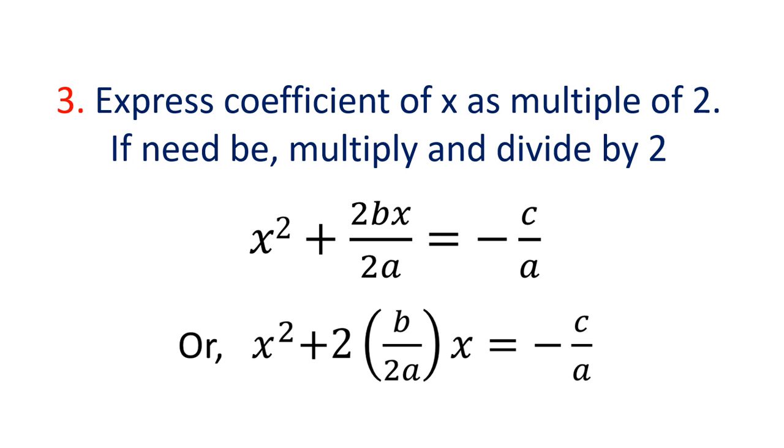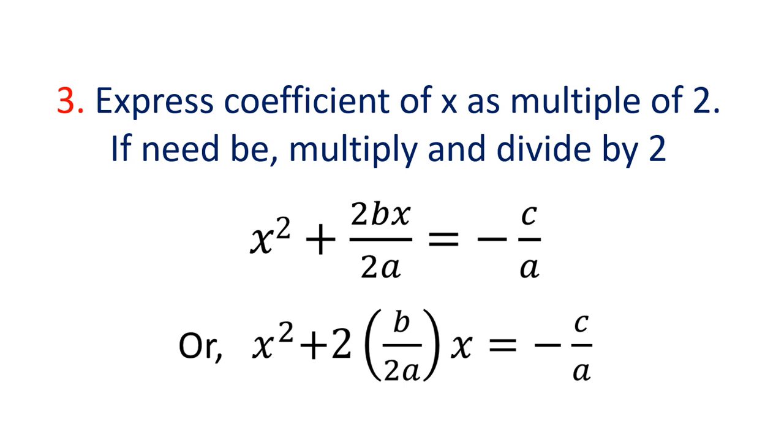Step number 3. Express coefficient of x as multiple of 2. If need be, multiply and divide by 2. In case b is an even number, it can be straight away written as a multiple of 2. Otherwise, we multiply the numerator and the denominator by 2.